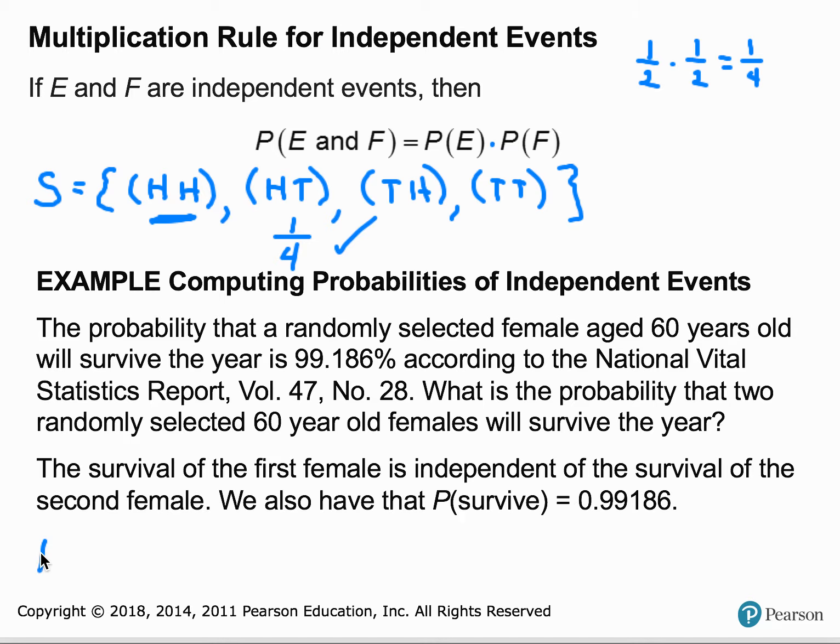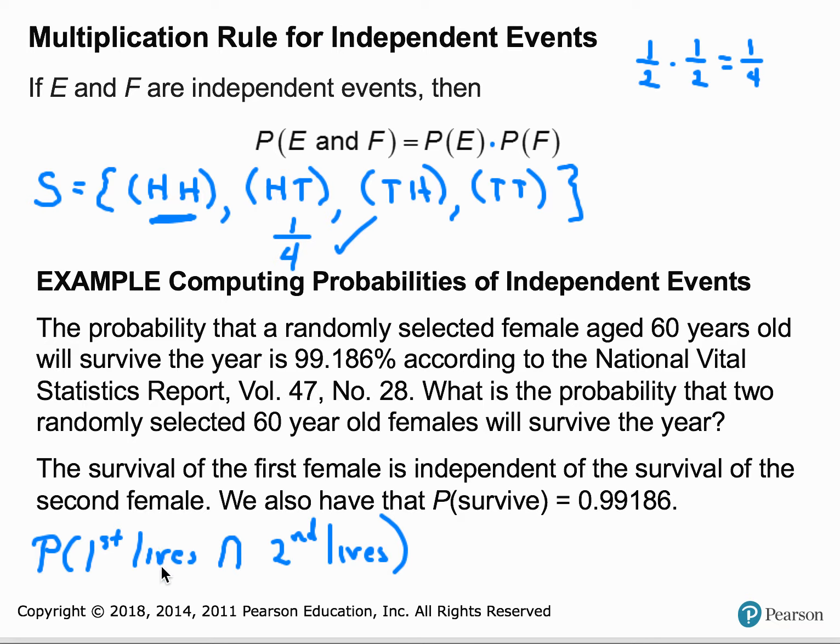So if we want to know the probability that the first one survives, I'm going to shorten that to say lives, and the second one lives, here's what our notation would look like.